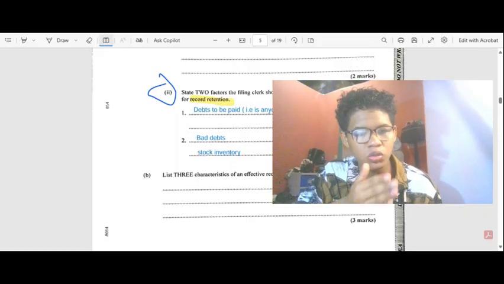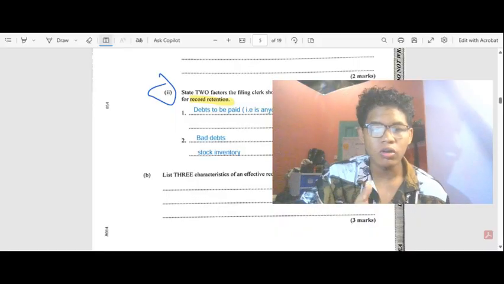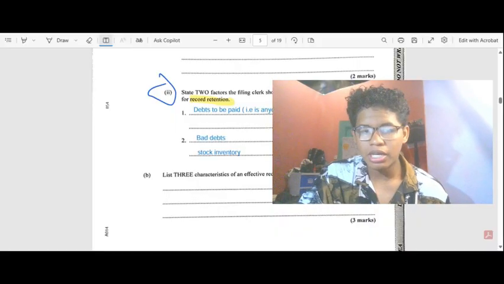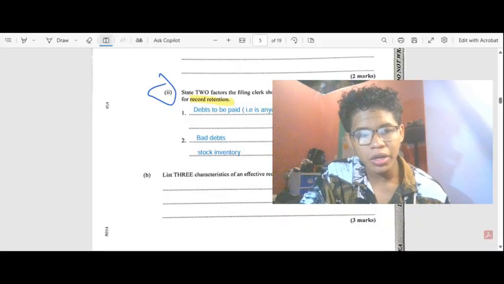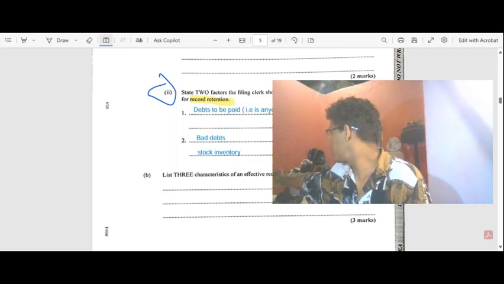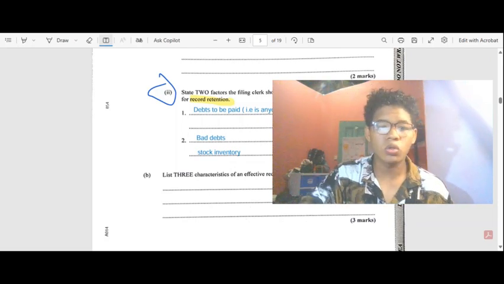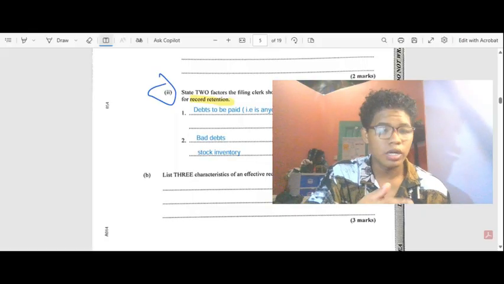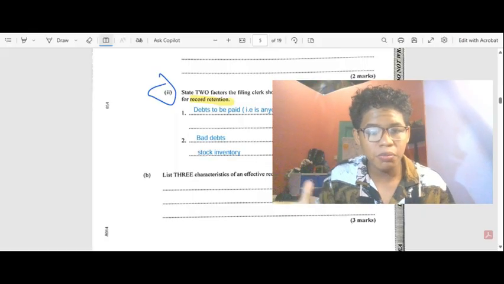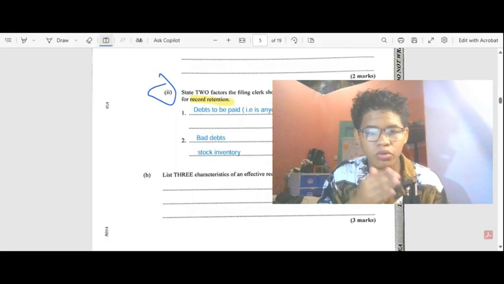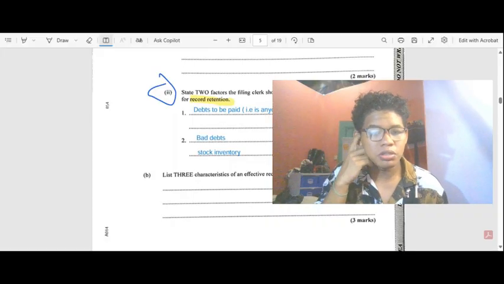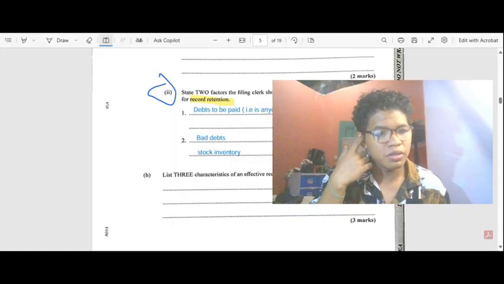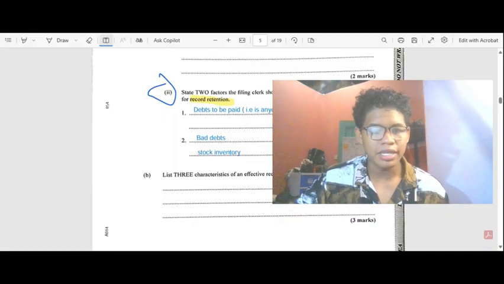But bad debts are those things that you have to write off the account. For example, if someone is owing you and they have gone bankrupt, or if somebody cannot even pay you off, you have to write that off as a bad debt.